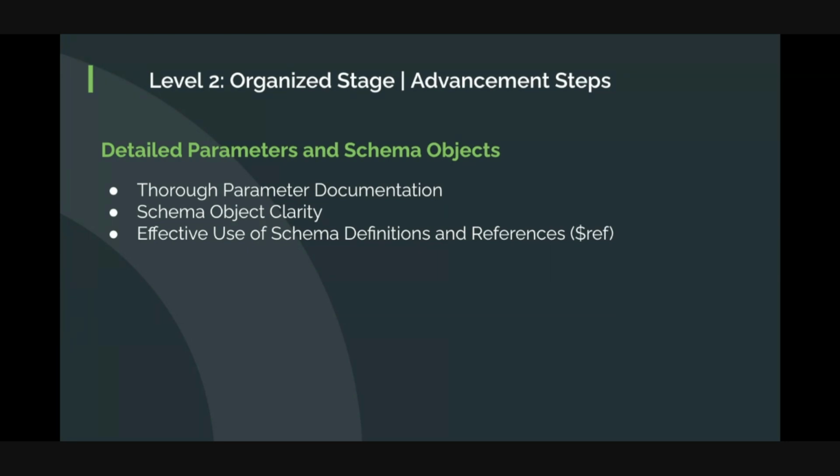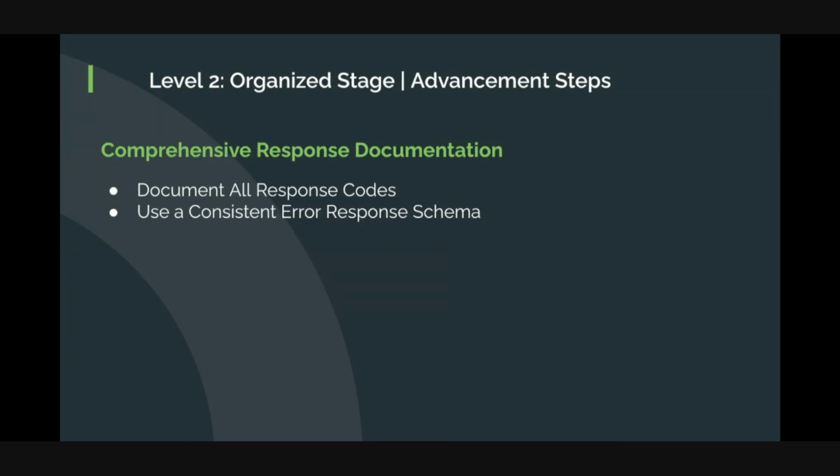Define reusable schema objects in the components/schemas section and reference them using the $ref keyword to reduce redundancy and improve maintainability. Include all possible response codes for each operation. Define a single error response format for all operations, ideally using the RFC 7807 or the newer 9457 standard.